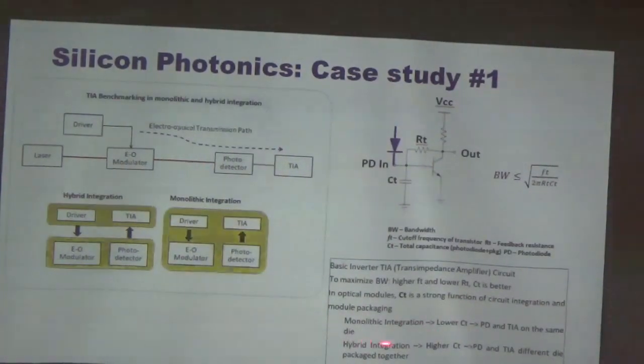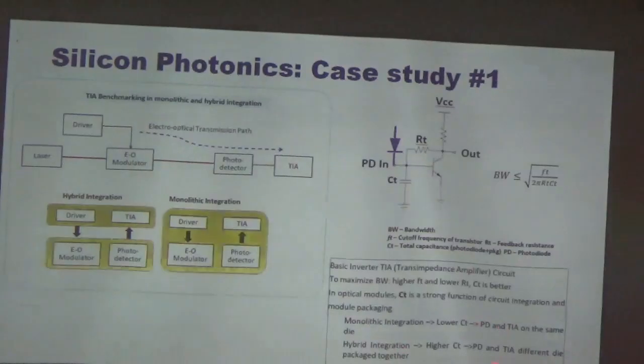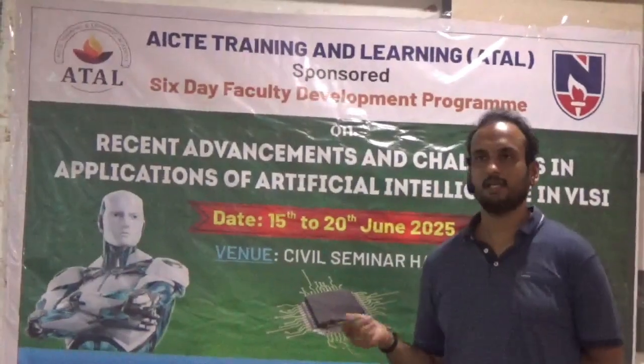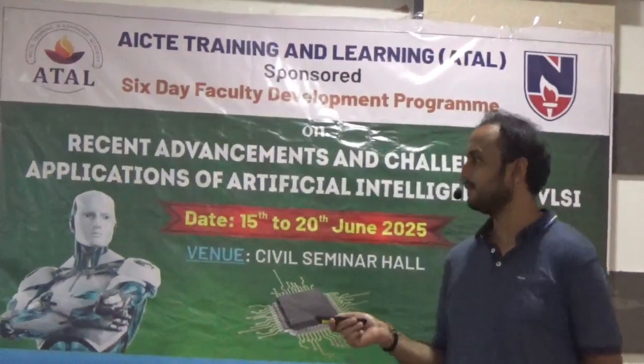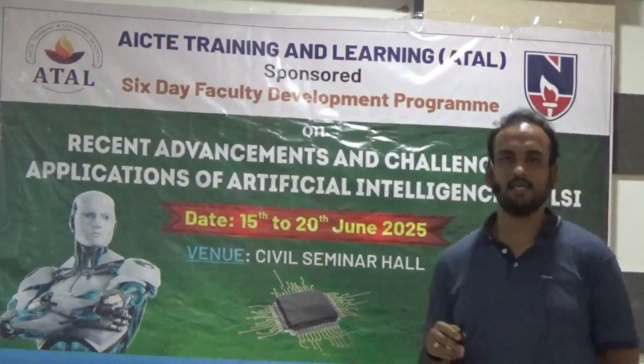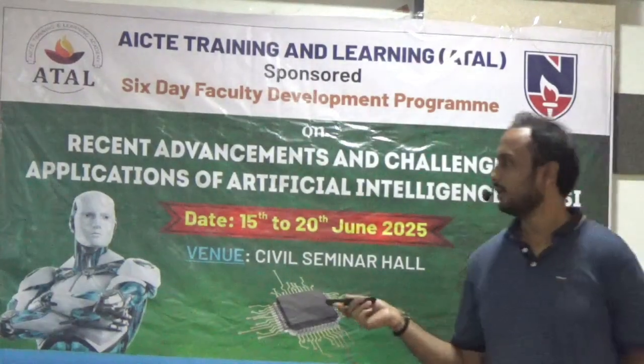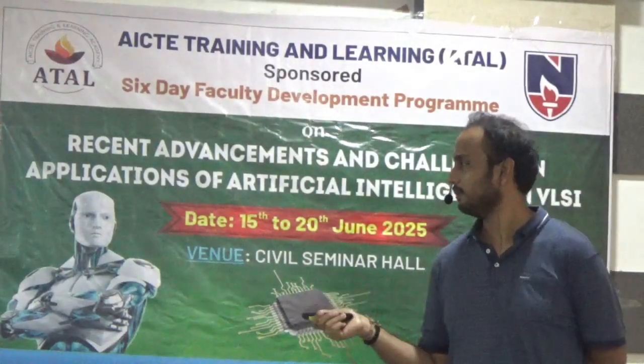The main differentiation point is that when you go for hybrid, you require some interconnects. The interconnect comes with its own parasitics. They will be included in the design, and this parasitic capacitance will reduce your bandwidth. But in the case of monolithic integration, there are no such parasitics, and you will get higher bandwidth on the monolithic side.